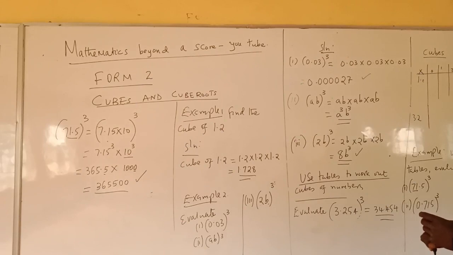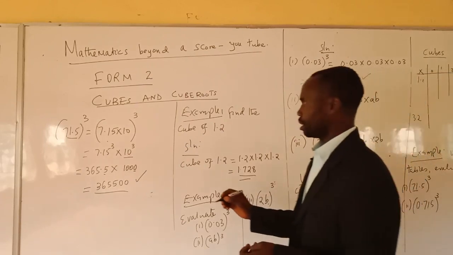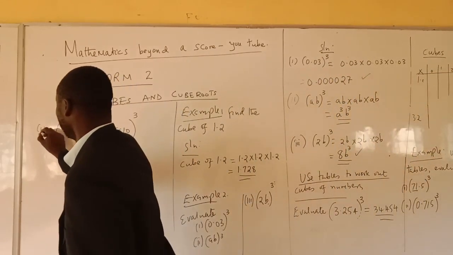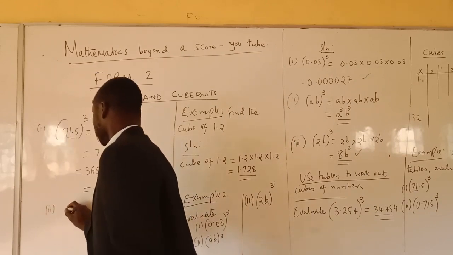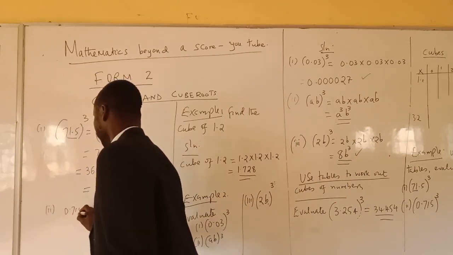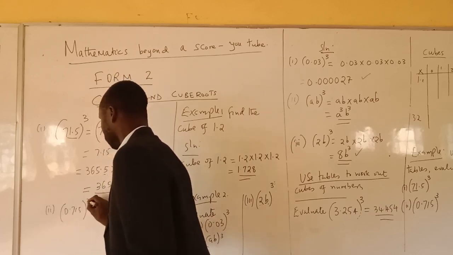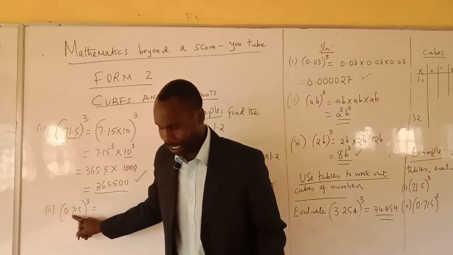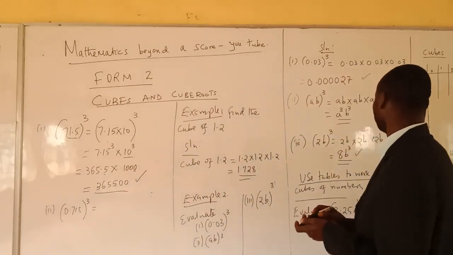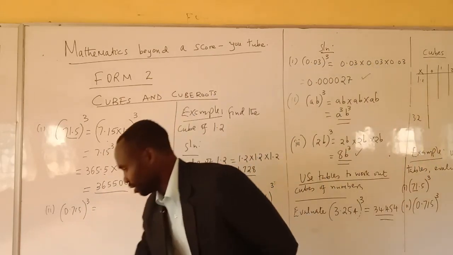It's very easy. Let me move to part 2. This is part 1. Part 2 now is also the same. It is 0.715. It doesn't exist in our tables. So we write it in fraction form. Standard form.